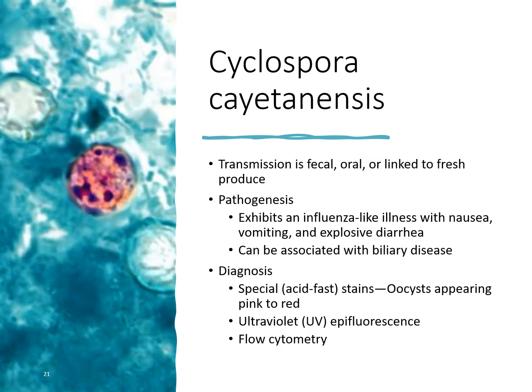Cyclospora cayetanensis is transmitted through the fecal-oral route, and it can be linked to fresh produce. With this infection, the patient will present with an influenza-like illness with nausea and vomiting. They can also have explosive diarrhea, and it's also been associated with biliary disease.